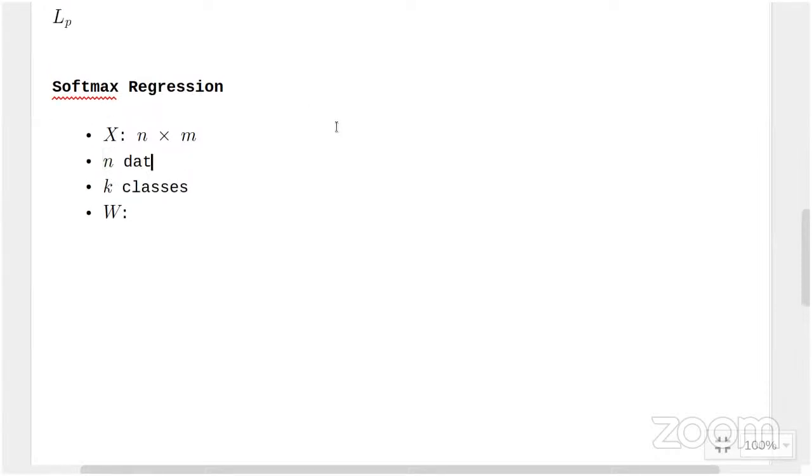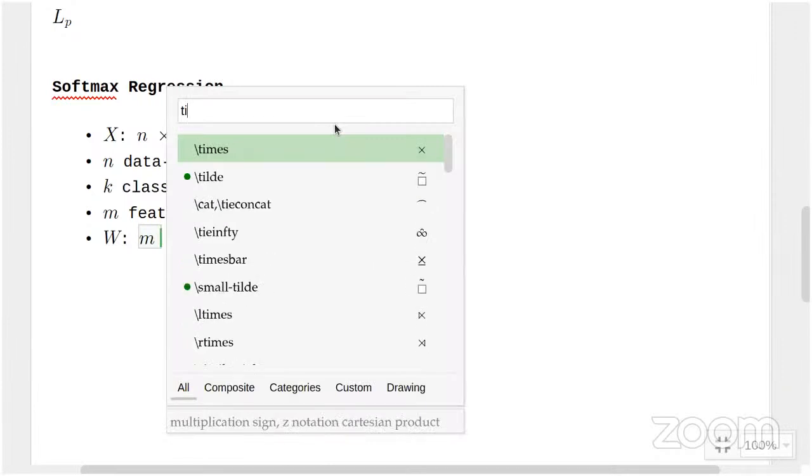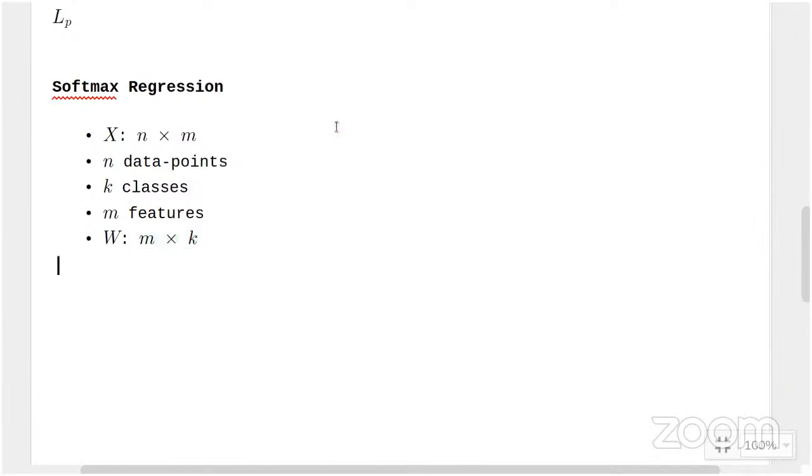Can someone tell me what the size of the weight matrix is going to be? M cross K. Okay, that is your weight matrix.